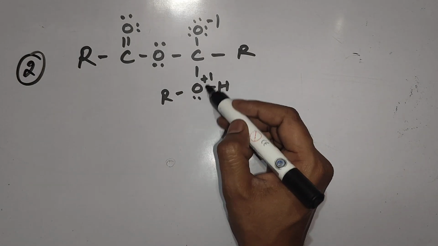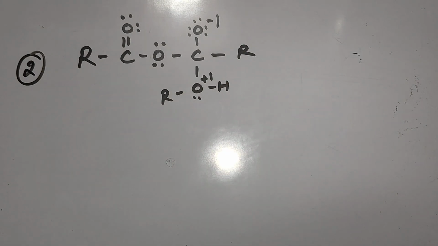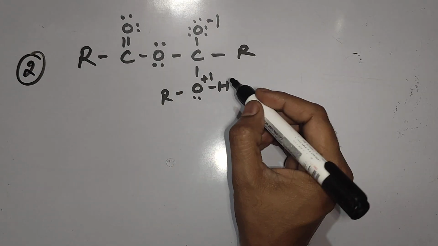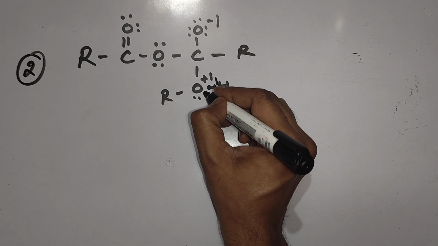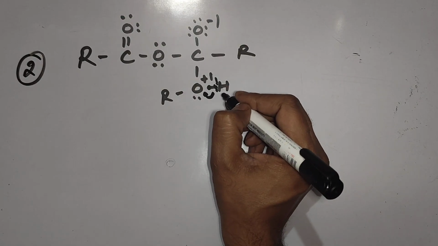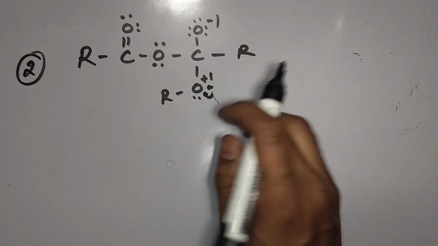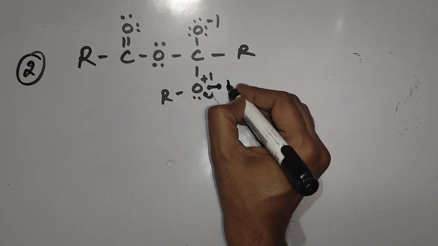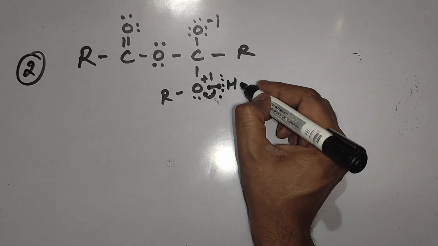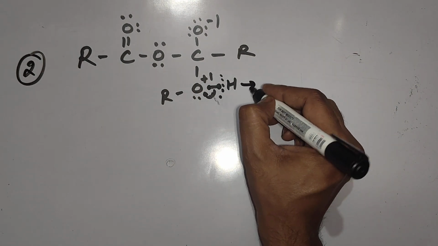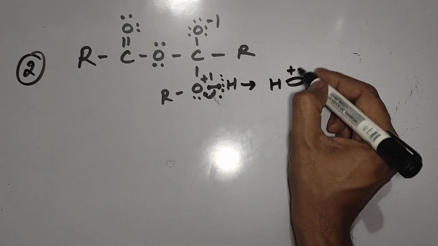Where we have instability, here we have instability. In previous mechanisms also we have understood it. This oxygen will break bond from hydrogen and both electrons will shift toward oxygen because oxygen is more electronegative than hydrogen. Let's write it properly so it will be visible to you clearly like this. Due to which this hydrogen will release out as H positive.